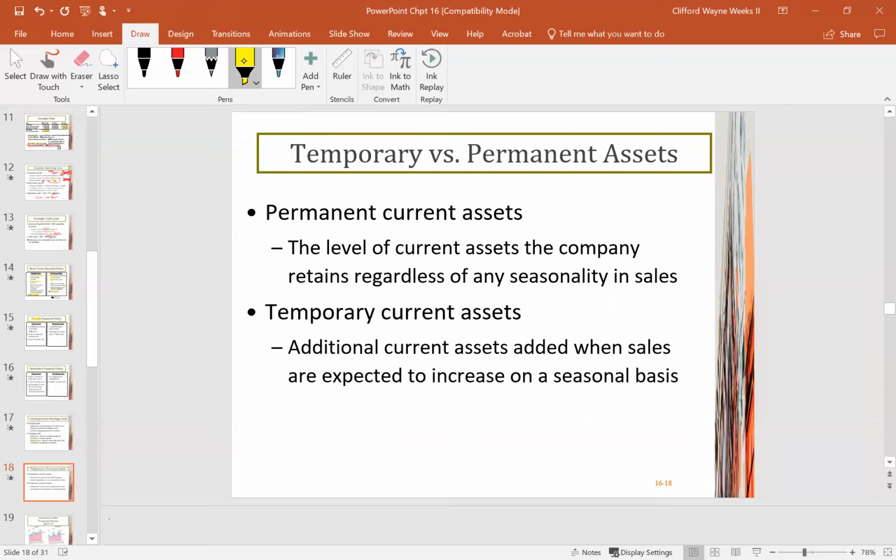We always have to have $300,000. Whereas a temporary current asset is the additional current assets added when sales are expected to increase on a seasonal basis. We're gearing up for Black Friday, and so we need more cash on hand so we can buy more inventory to meet the increase in demand.